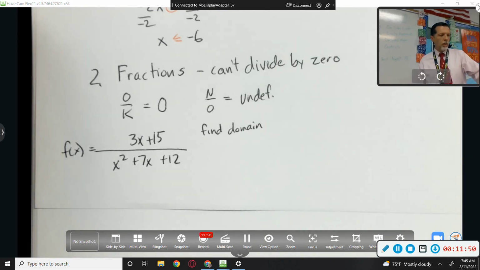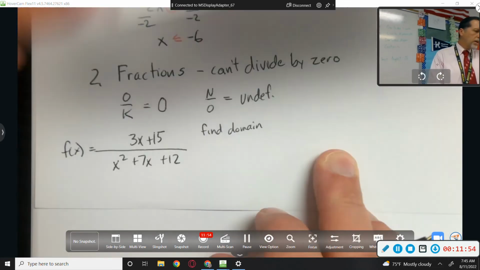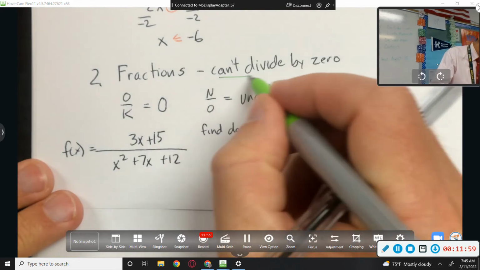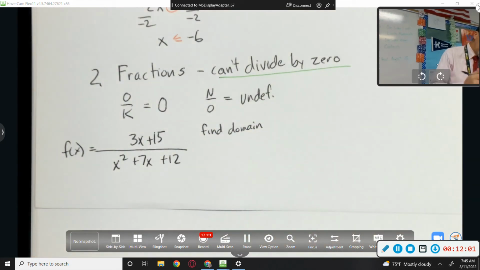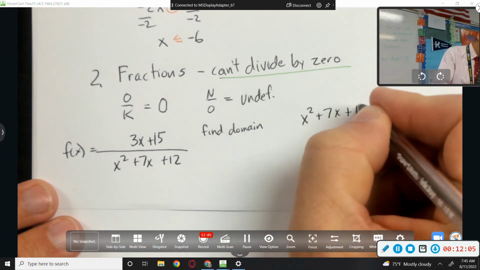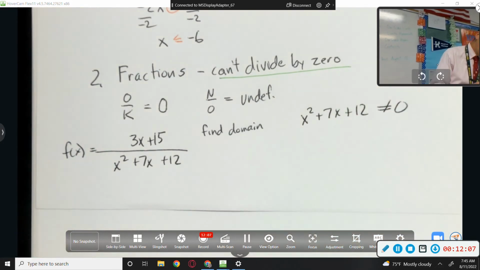Well, again, the only thing we're worried about is the denominator divided by 0. So I don't even care about the top. I'm just going to say the bottom can't be 0.